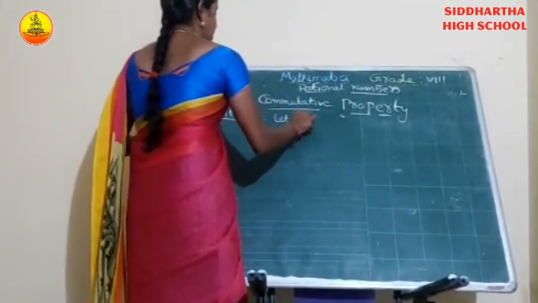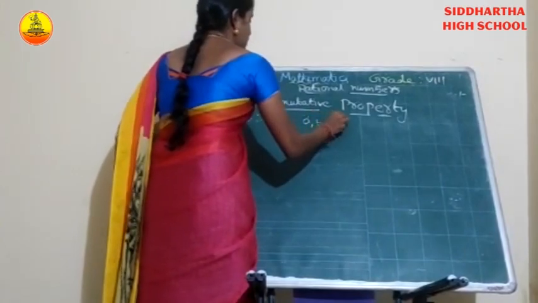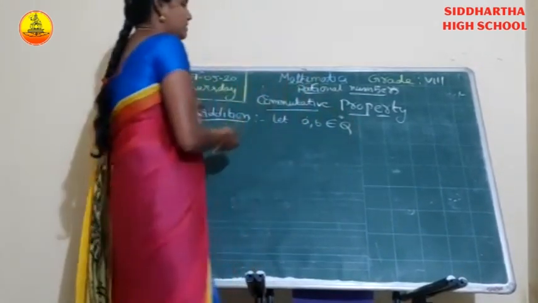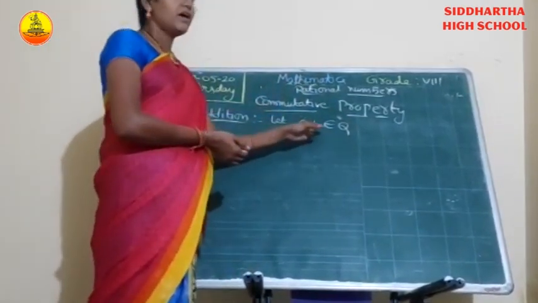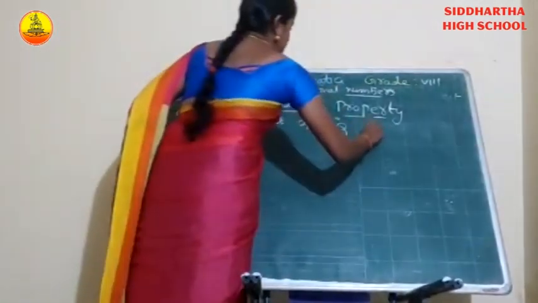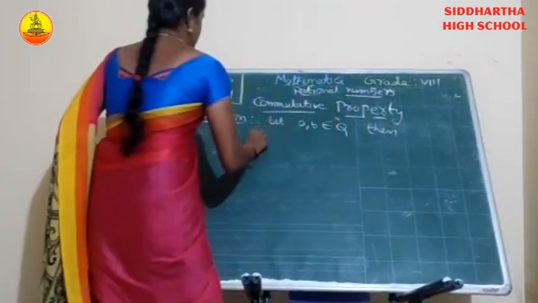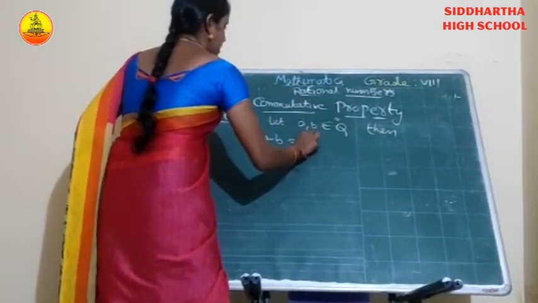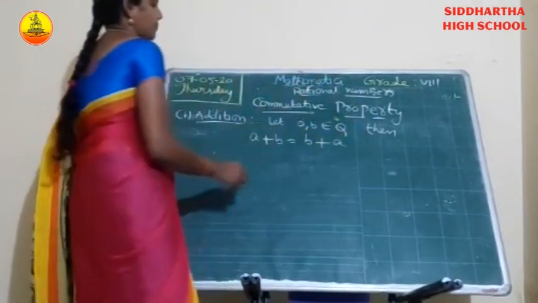Let a, b belong to Q. Belongs to Q means you take a and b as any rational numbers. Then a plus b equals b plus a.